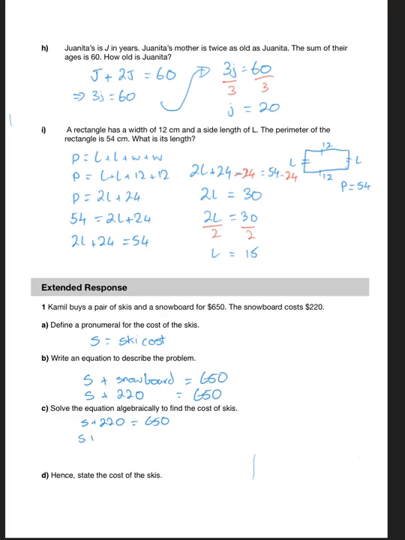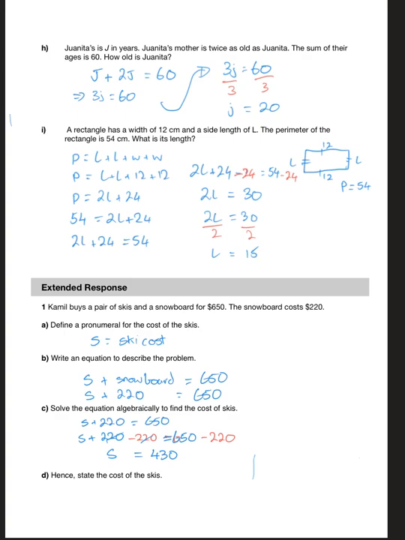So we have S plus 220 minus 220 being equal to 650, also minus 220, doing the same on both sides. So that cancels out, of course. So that becomes S is equal to, where's my pen? Yes, it is. S is equal to, what's that, 430. Okay, so S is 430.